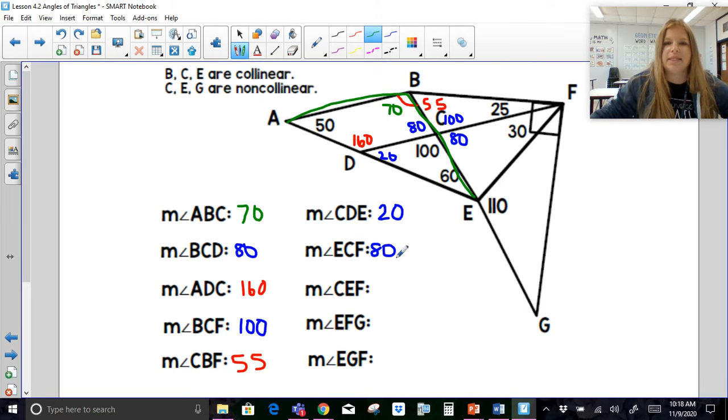Let's see what else I'm missing. CEF. So CEF is this angle here. Well, if this is 80 and this is 30, that's 110 subtracted from 180, so that's also 70. EFG. So now let's look. I've got a 90-degree angle. This is 25 and 30, so that's 55 subtracted from 90 means that this is 35.